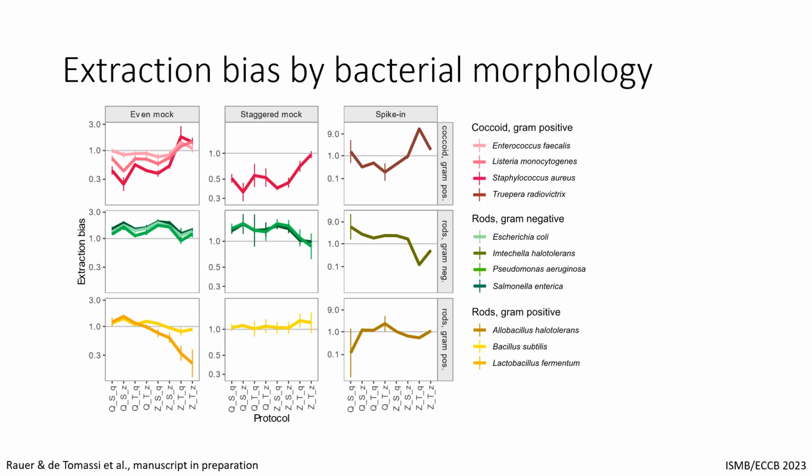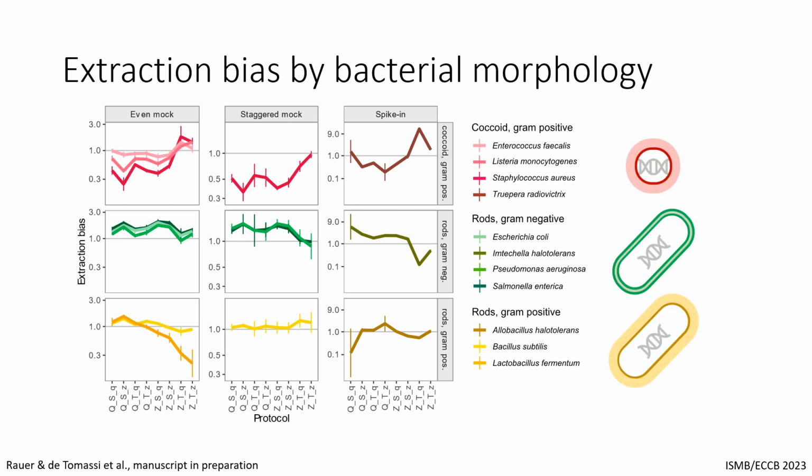But what was really interesting here is that the extraction bias was also very similar between groups of taxa. These groups were defined by the bacterial cell morphology. You can see this on the right. We had gram-positive cocci, and then gram-positive rods and gram-negative rods, as indicated by the color of the lines.